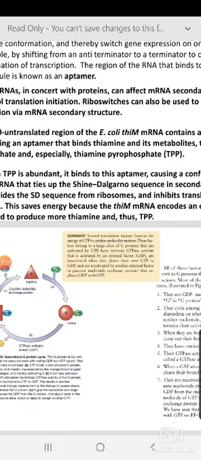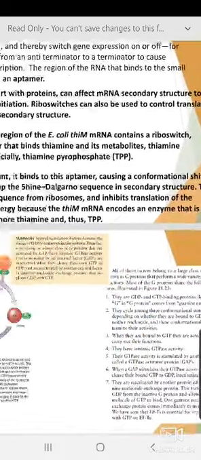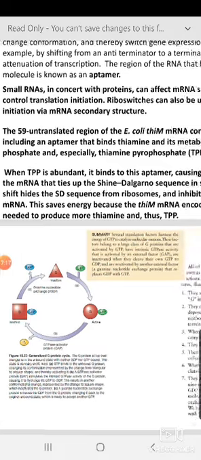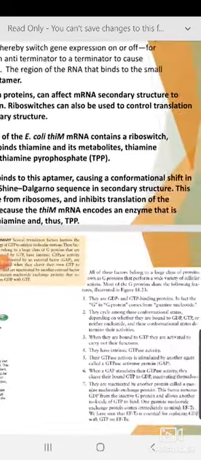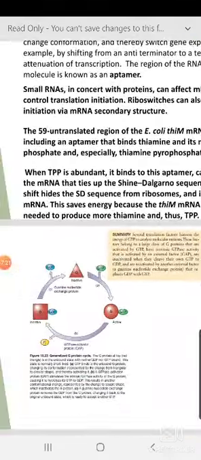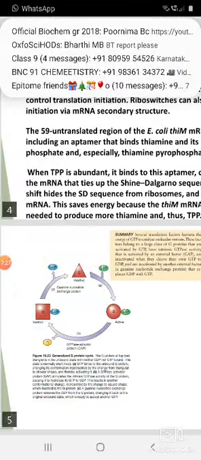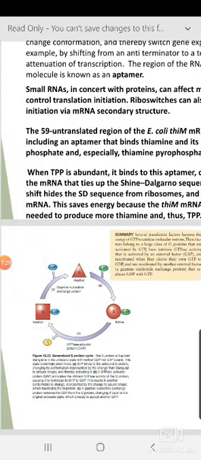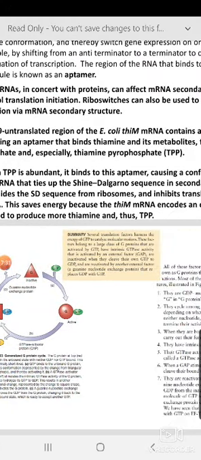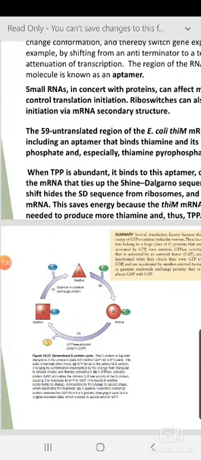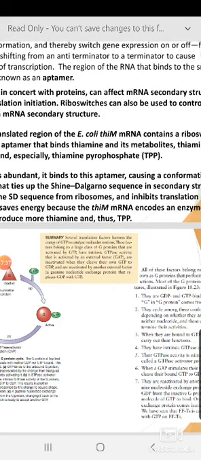It binds to this aptamer, causing a conformational shift in the mRNA that ties up the Shine-Dalgarno sequence in the secondary structure. This shift hides the Shine-Dalgarno sequence from the ribosome and inhibits translation of the mRNA. This saves energy because thiM mRNA encodes an enzyme needed to produce more thiamine and thus TPP.